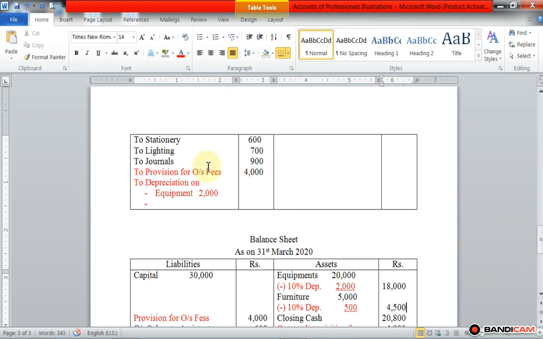Second effect on the expenditure side, depreciation on furniture amounted to rupees 500. Now make the total of 2500. Here 2500, and put the figure in the outer column. Got it? 2500.